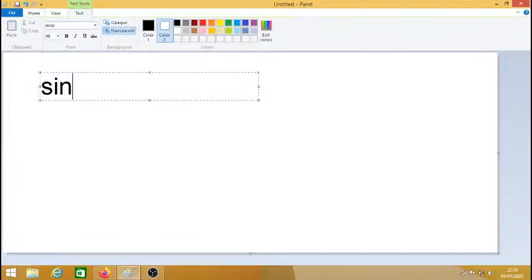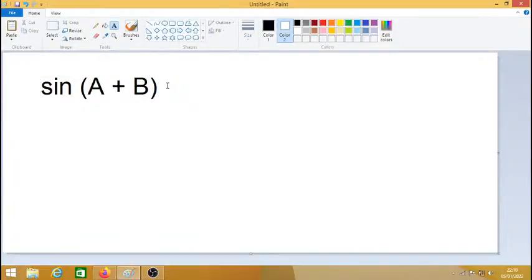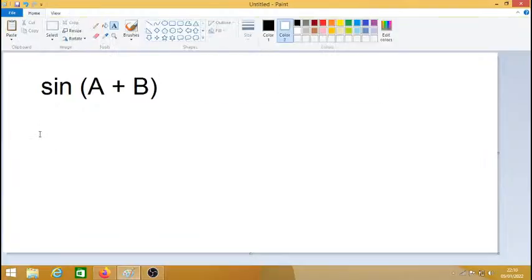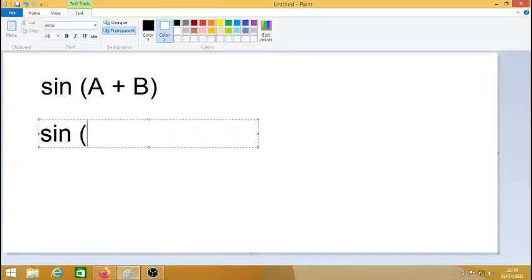Today we're looking at an addition formula where we have sine of an angle plus another angle. Let's call the first angle A and the second angle B. It could be as simple as the first angle being 10 degrees and the second 15 degrees.